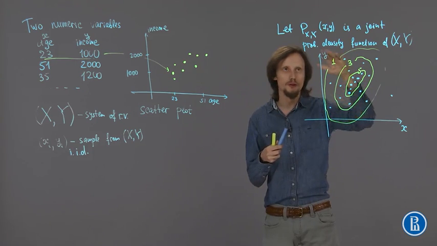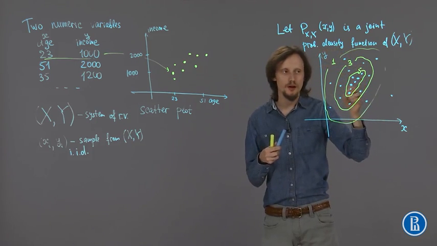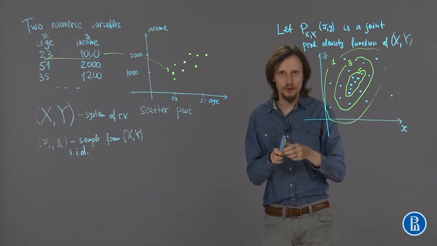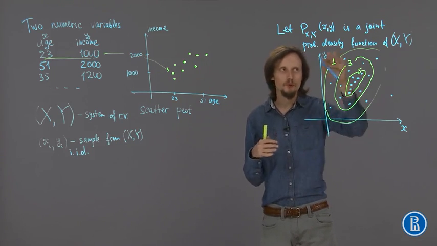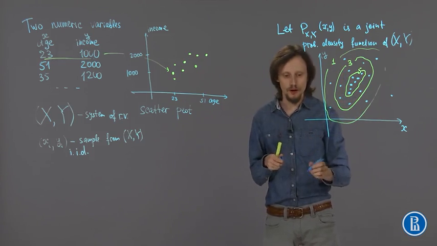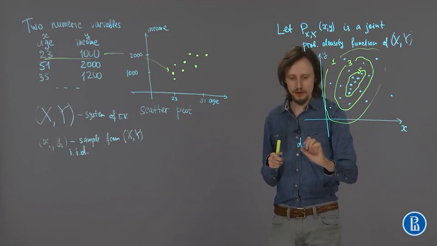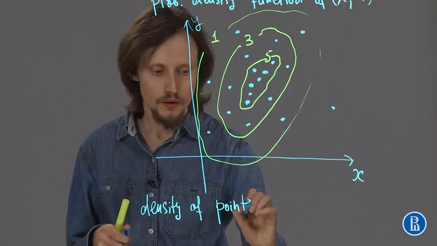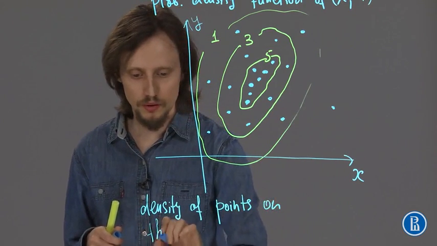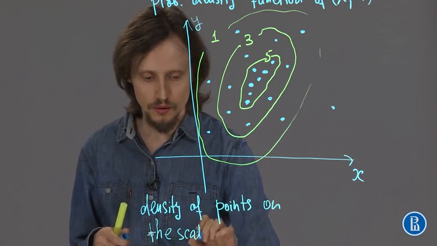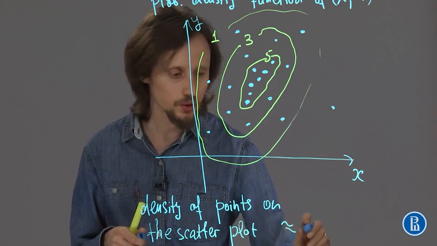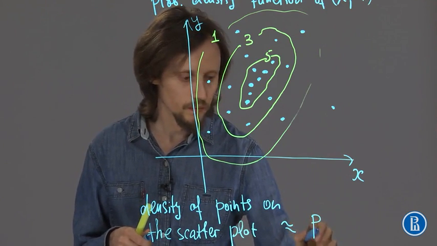In the region where the probability density function is large, we have a larger density of the points in our sample, the points of our scatter plot. Which is quite natural because it is what probability density function means. So we can say that the density of points on the scatter plot is approximately equal to the probability density function.